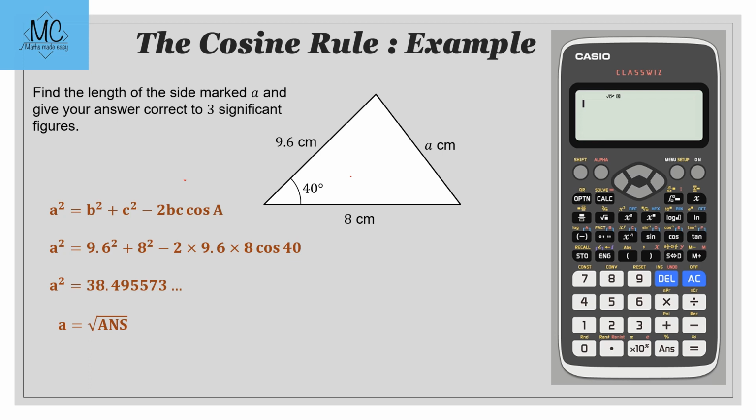Okay, so a square, why have I done the square root here? Because the opposite of square is the square root. Let's see how the calculator is going to work for us.